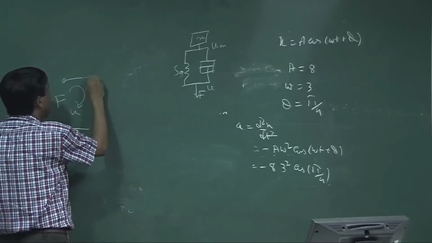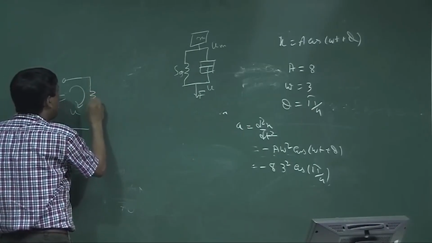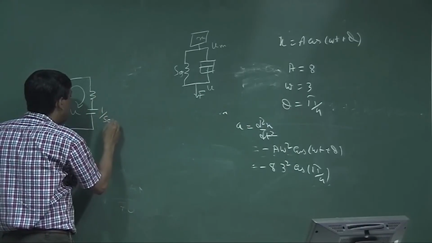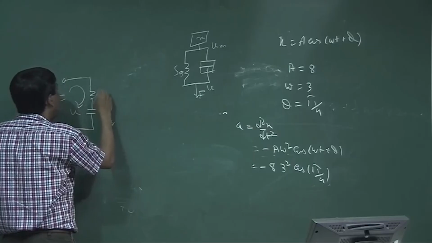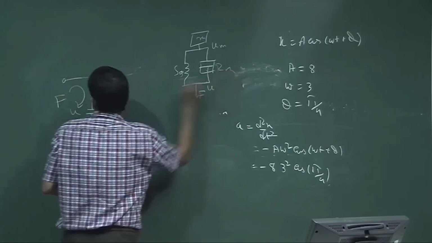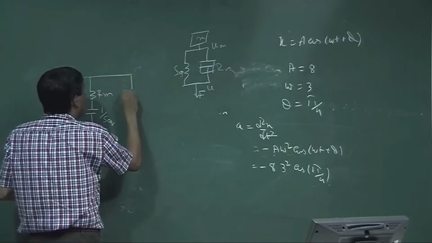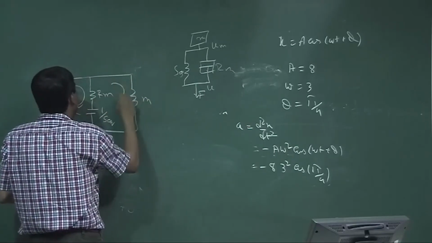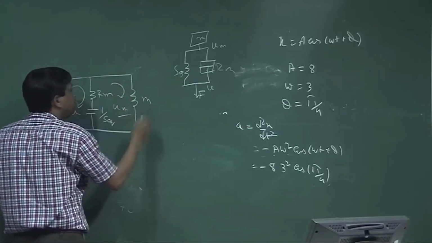So, u passes through a resistance Rm, then a term 1 by S equivalent, and then there will be an inductance, which is M.